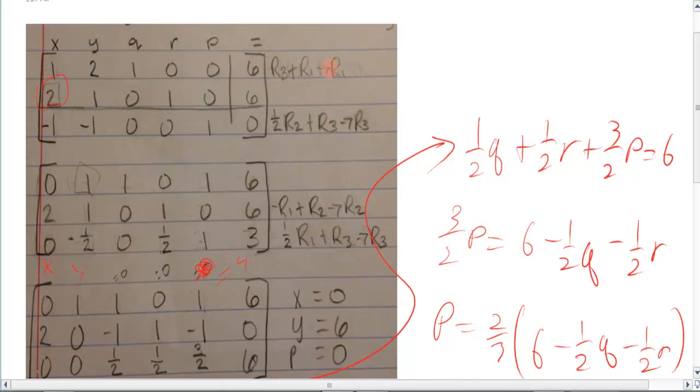So don't use 3 and 1, no. Again, I personally would have just done negative row 2 plus 2 row 1s, and then down here I would never have used a half. I would have done the same thing I did up there. I would have used row 2 plus 2 row 3s. And that way I don't have the fractions and I don't have to deal with any of that as I'm working. But it's personal preference at that point.